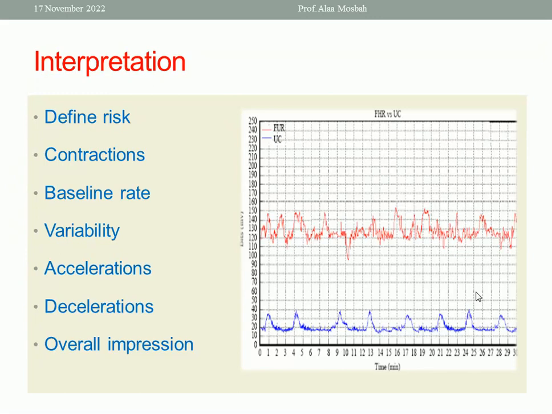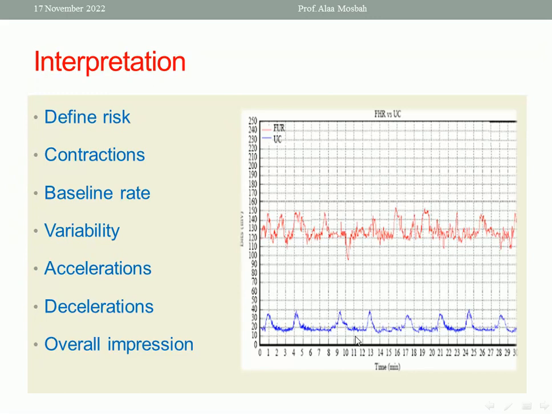Then the number of contractions per 10 minutes. This is the second item. As seen in the picture, this is the strip of paper of CTG result. The vertical axis is for fetal heart rate per minute, the horizontal one for the time per minute. Each big square is 1 minute.